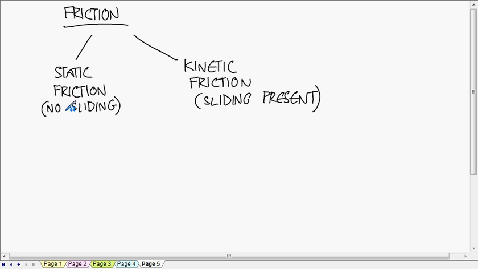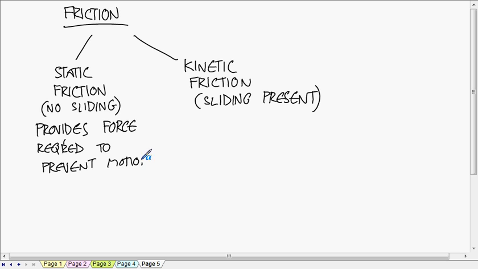Static friction provides the force, whatever force is required to prevent motion, up to a maximum value of the normal force times this coefficient.